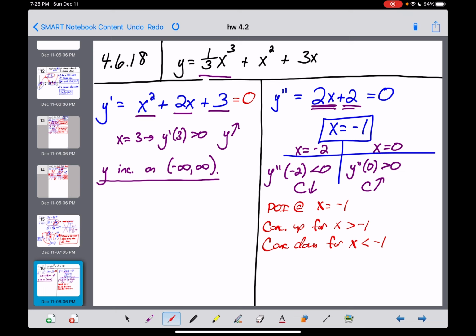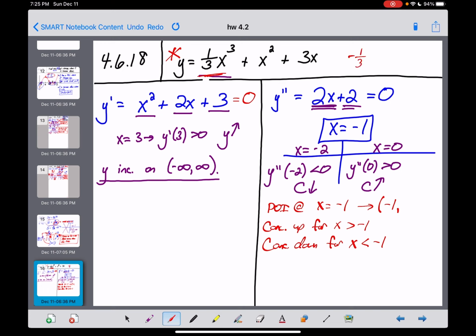Now, in previous sections here, when they've asked you to find a point of inflection, it's always just been an x value. But since we're actually graphing this thing right now, guys, it would probably benefit us to go ahead and find the y value where that point of inflection occurs, and that's going to happen by putting that negative 1 value back into the original function up here at the top, which unfortunately is going to get just a little ugly for us because of this fraction here. 1/3 times negative 1 cubed, that's a negative 1/3.